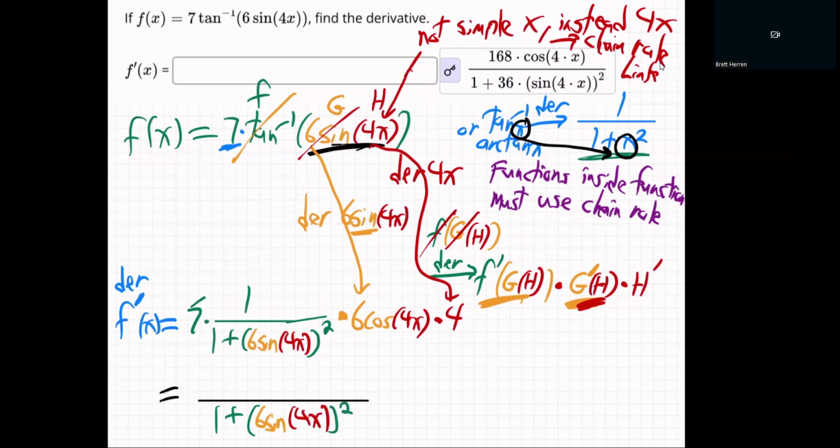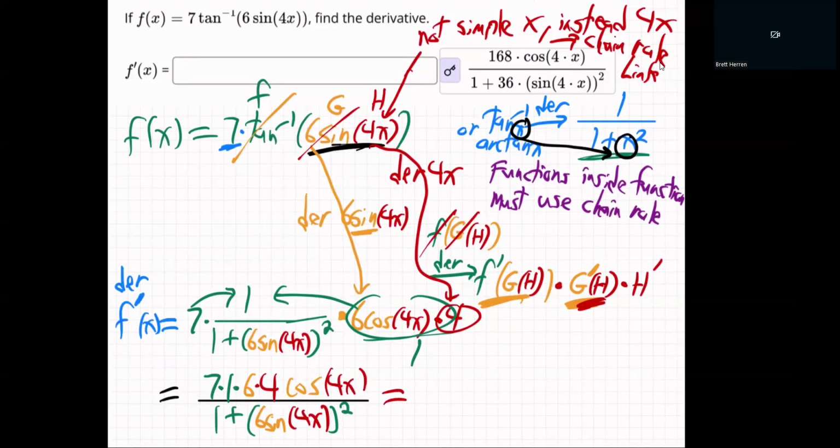Now this guy goes to the top. So it's 7 times 1. And then this guy's all over 1 goes to the top as well, times the 6. I'm going to move this 4 in right next to it as well. And then comes the cosine of 4x. I just want to put all the numbers together. And then one more step here.